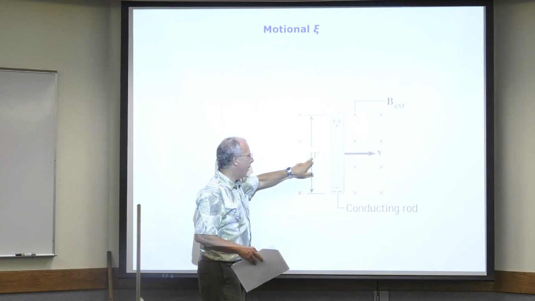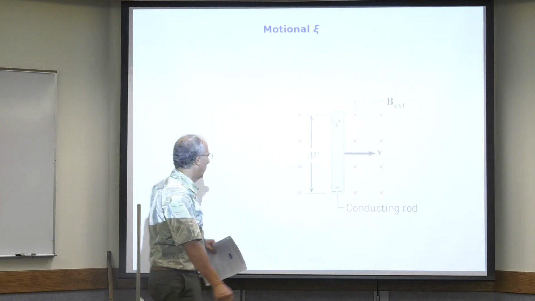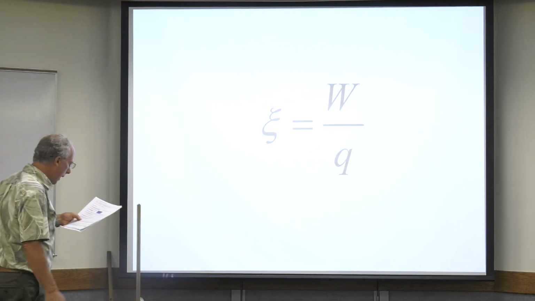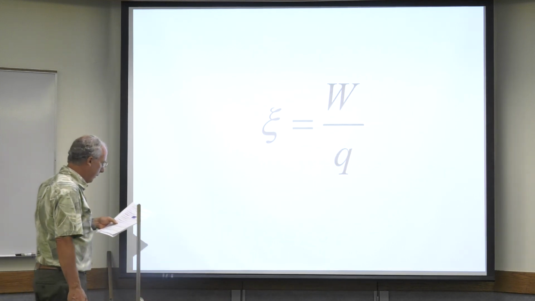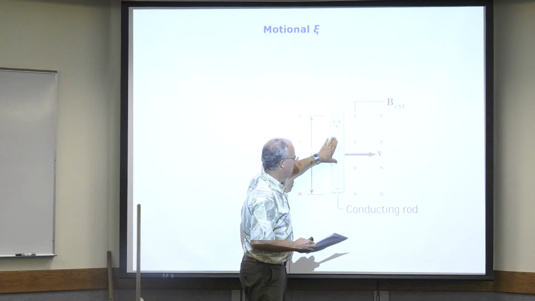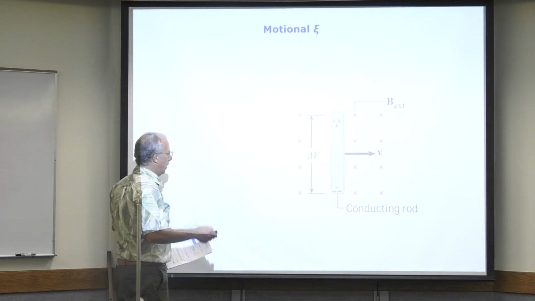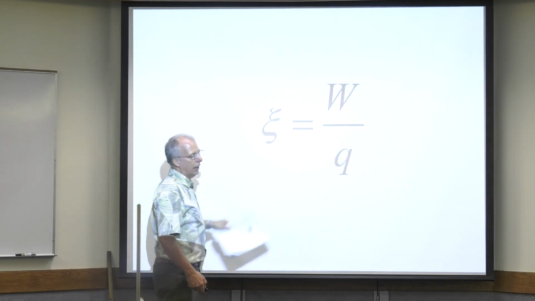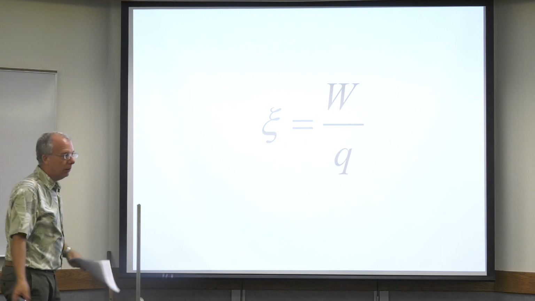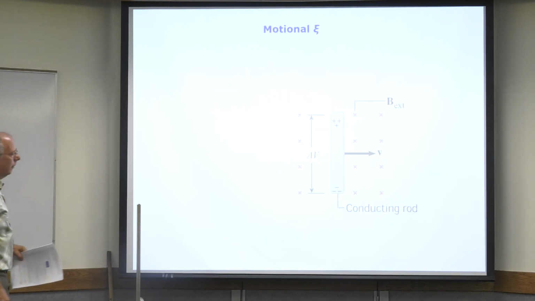So it's probably better to use EMF than delta V, but we might use either one of them, okay? So we really did use the magnetic force that was separating the charge. All right, so we're going to use this a lot, EMF, because it's general. Anyway, that's very nice.